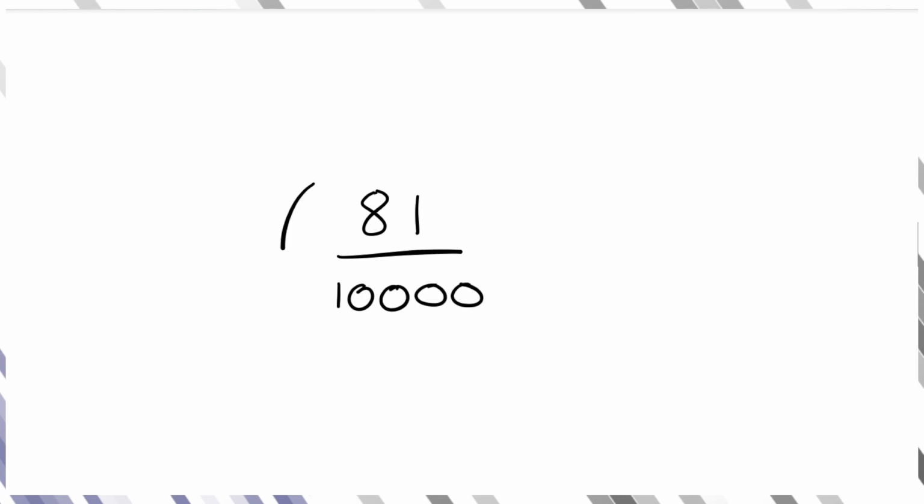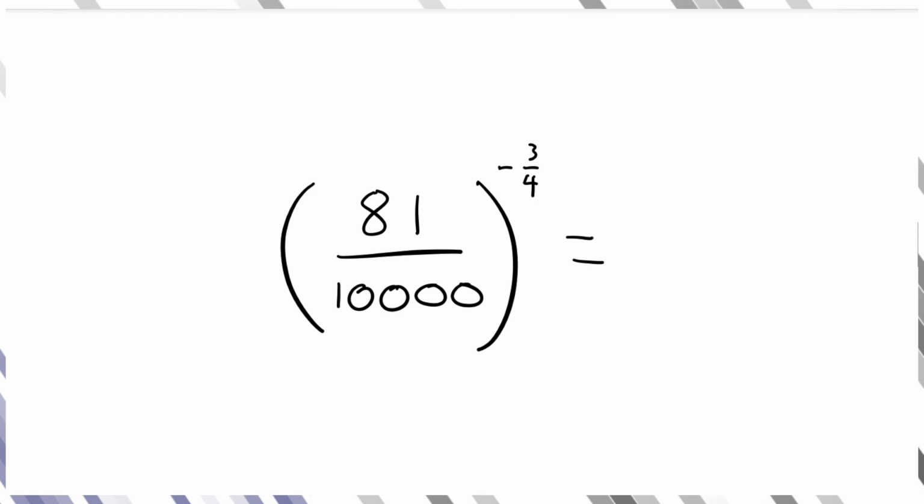Alright. Now let's look at what happens if we have a fraction. Let's say we've got 81 over 10,000, and we're going to raise that to the power of, let's complicate it as much as possible, minus 3/4, minus 0.75, minus 3/4. That means we have to mix a few rules together here. We've got a negative power, so first of all let's deal with that.